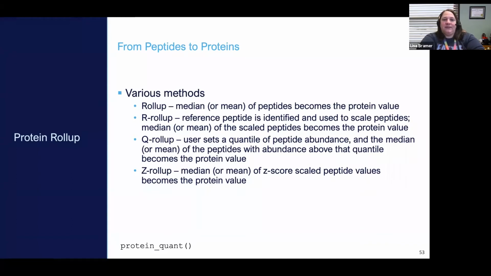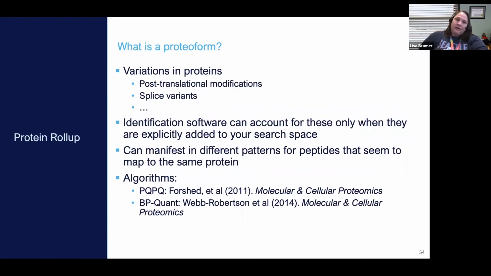And so taking something like a median across all peptides to get back to the protein value might be something reasonable to do. So that's just a very basic step you can take.